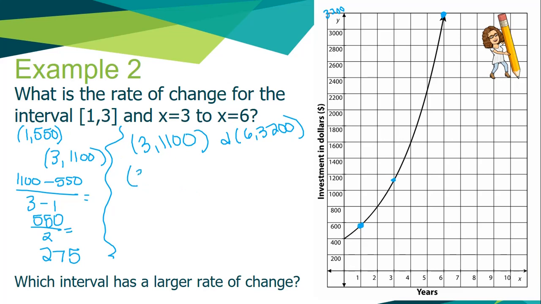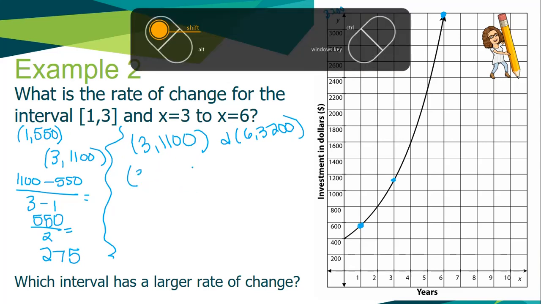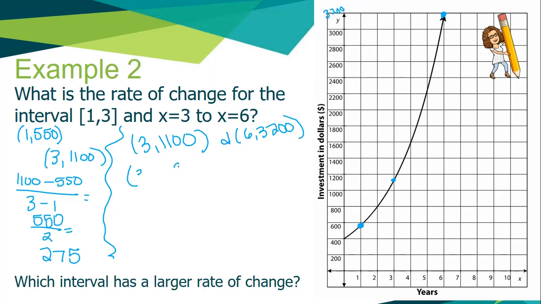So I'm going to do my ratio here: change in y's over my change in x. Let's subtract those y values, find the difference of them. I'm going to get 2100 divided by 3. I get 700. Notice that is a lot larger of an average rate of change.